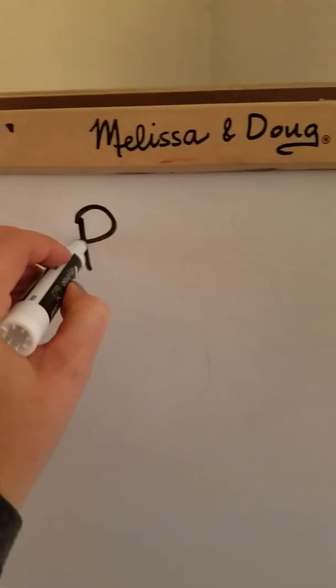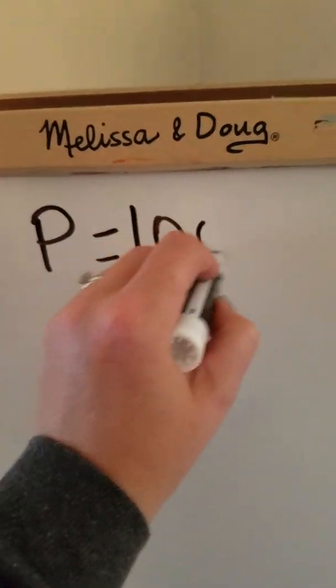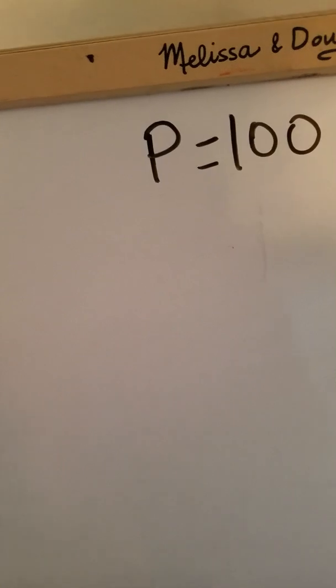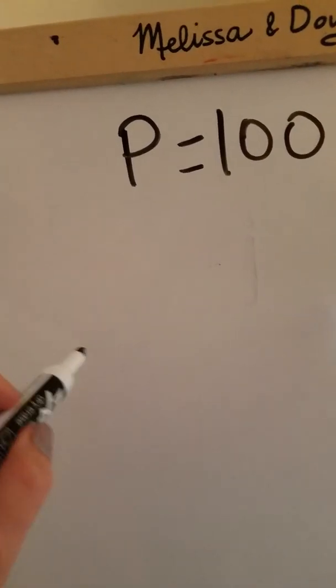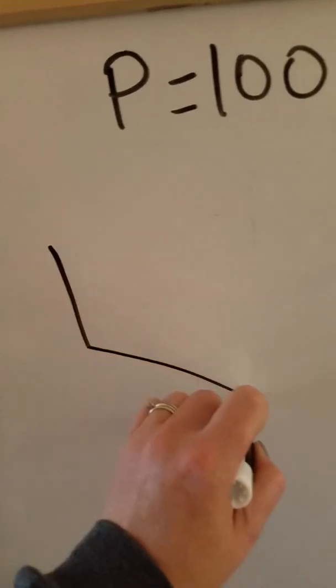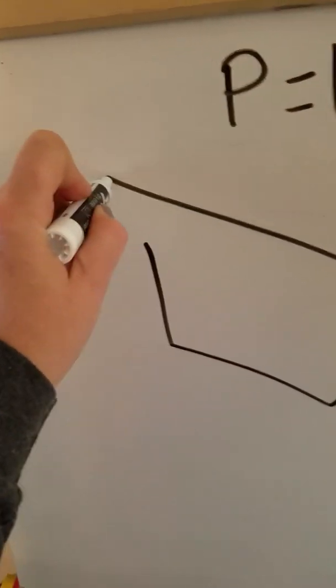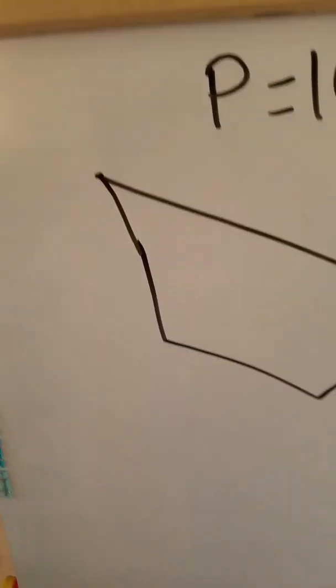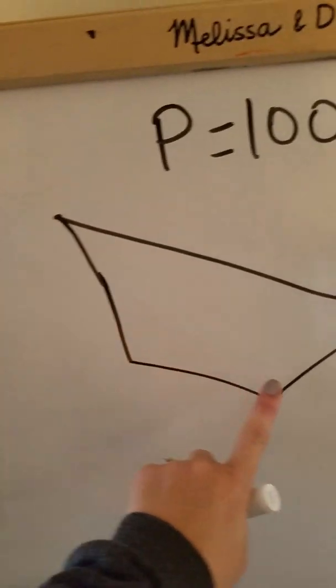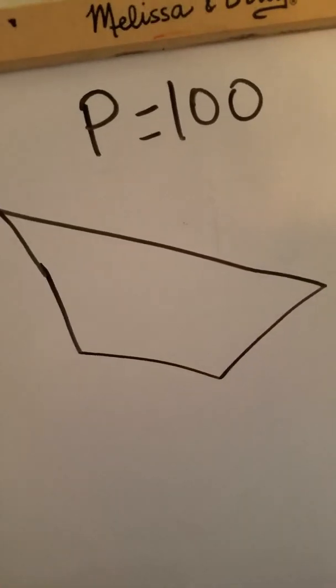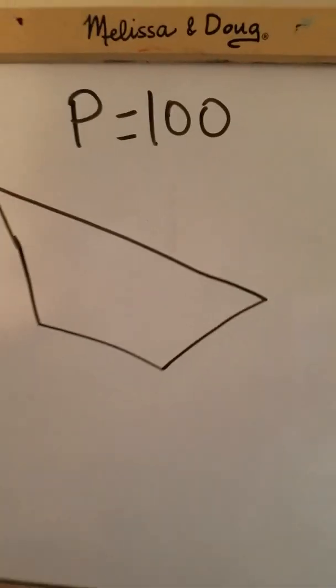So that means our perimeter is going to be 100, okay? So then we have a 4-sided art project. So we're going to make it look kind of weird here. Okay, and we'll connect that there. Notice that this side actually is longer than this side. Okay, it is a trapezoid because these are parallel, but it's a little bit differently drawn.